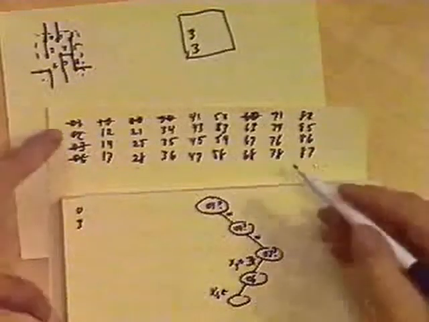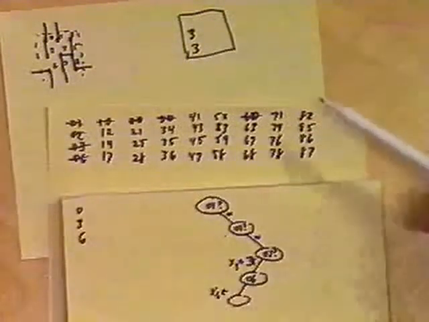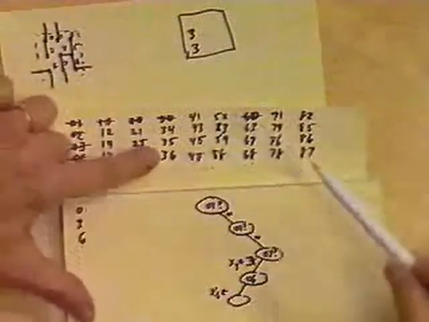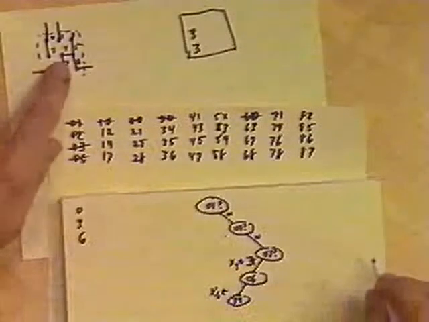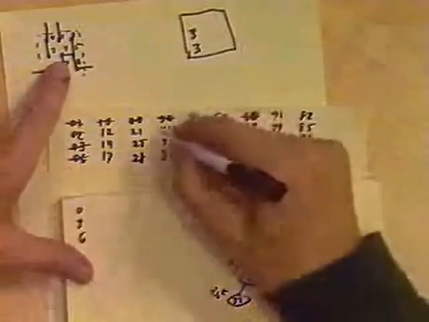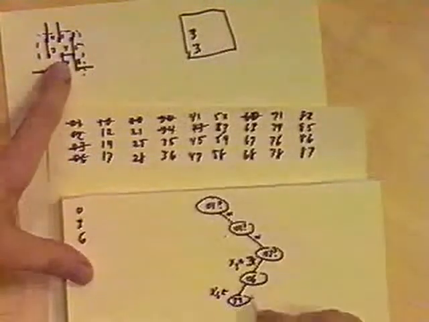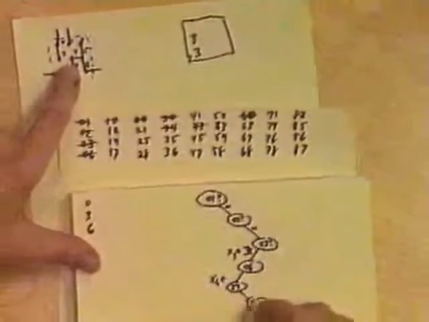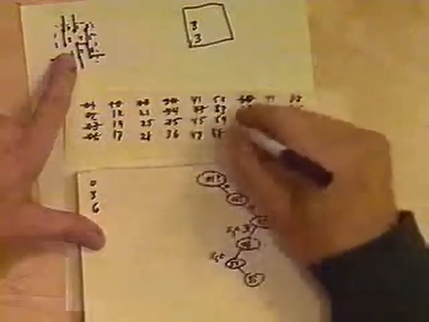Okay, now from 0, 3, and 6 leading to other vertices, what have I got? 3, 4 is the next one to ask about. So is 3, 4 in the tree? No. 3, 4 is not there, so cross it off. 4, 3 goes away. What's next? 3, 5. 3, 5 isn't there either, so it goes out.